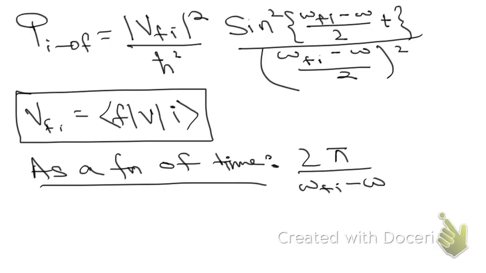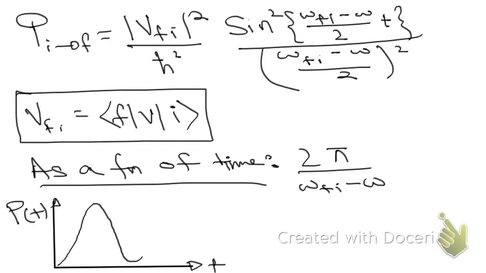Let me just draw it very roughly over here. This is going to be my probability as a function of time, because we're looking at it as a function of time, and I'll have my time on my, say, x-axis. This is going to look like an oscillatory dependence, and so this curve is going to be like this.